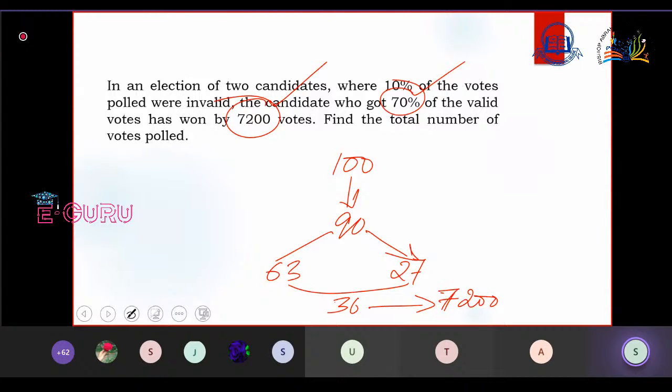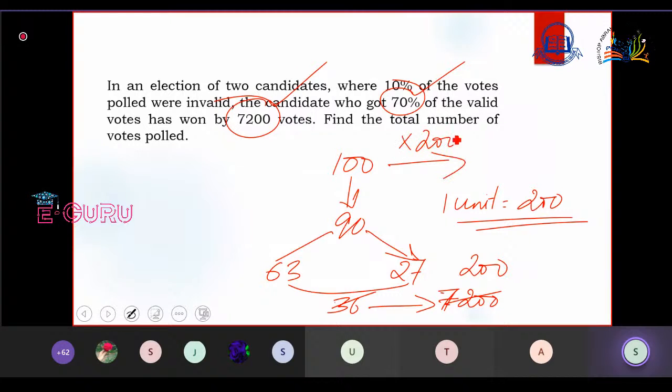So we can say that our 36 units represent 7,200, or our 1 unit represents 200, right? 36 into 2 is 72, and these two zeros are there. So our 1 unit equals 200. So our 100 units equals 100 into 200, that is equal to 20,000. So the total number of votes polled is 20,000.